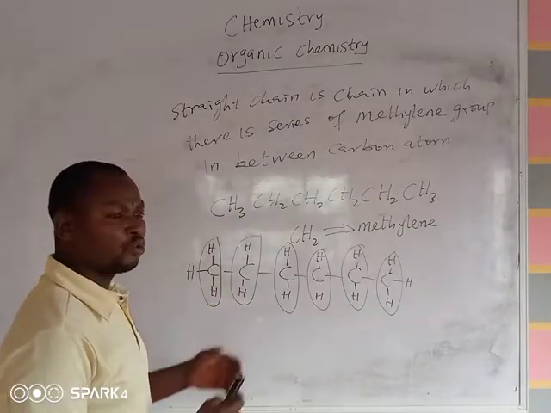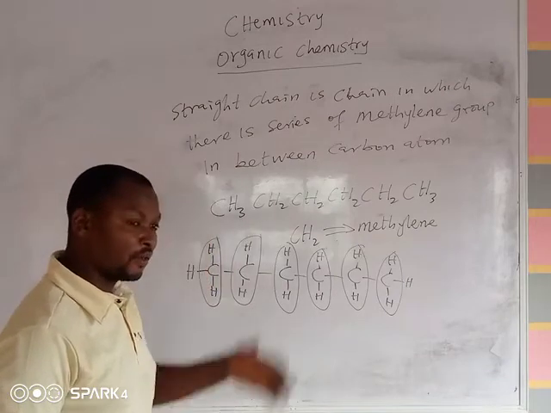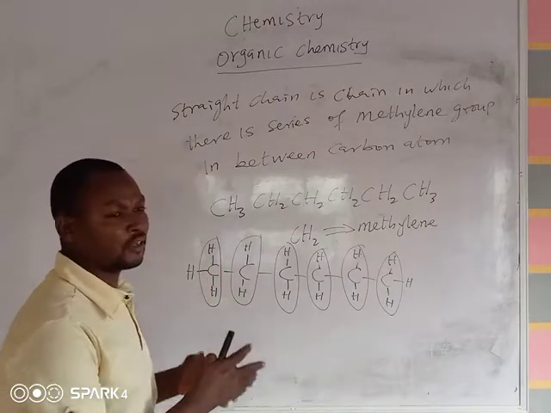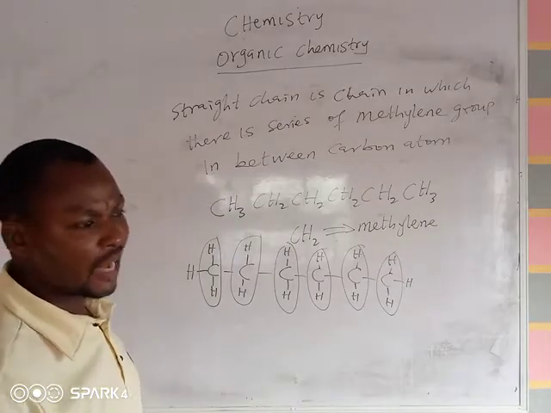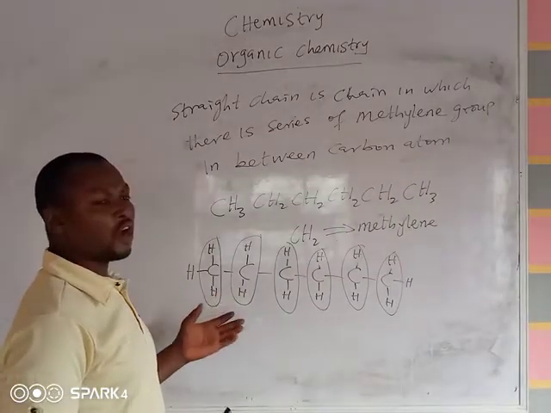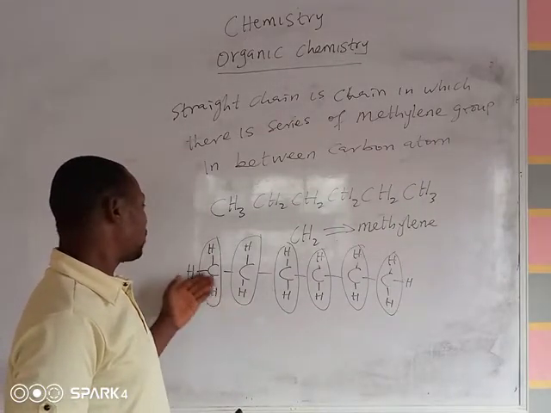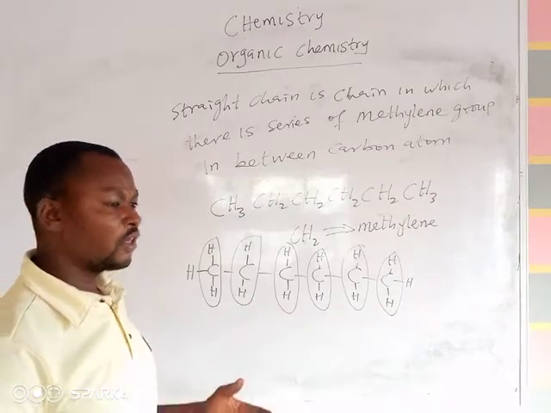So when you want to name your compound, you have to look at the number of hydrogen that is attached to the carbon. If by chance we have 2 hydrogen attached to the carbon, then that means it's complete.